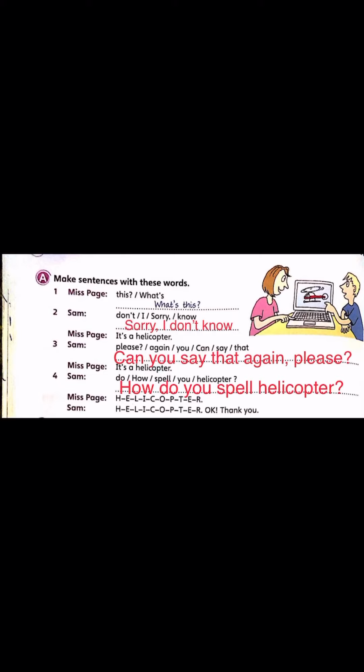It's a helicopter. Can you spell that again, please? It's a helicopter. How do you spell helicopter? Helicopter. Okay, thank you.